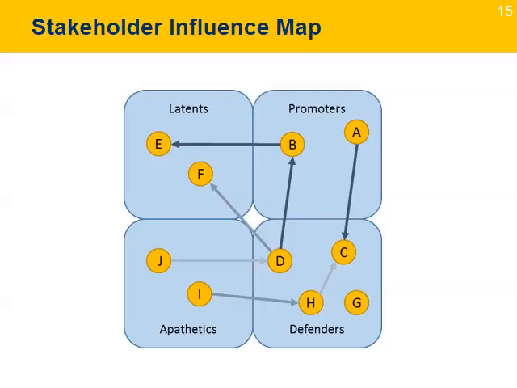For example, a partner may have better relationship with a government office, and that is an opportunity to influence a stakeholder that maybe has low interest in the project. The darker the color of the arrow, the stronger is the level of influence.